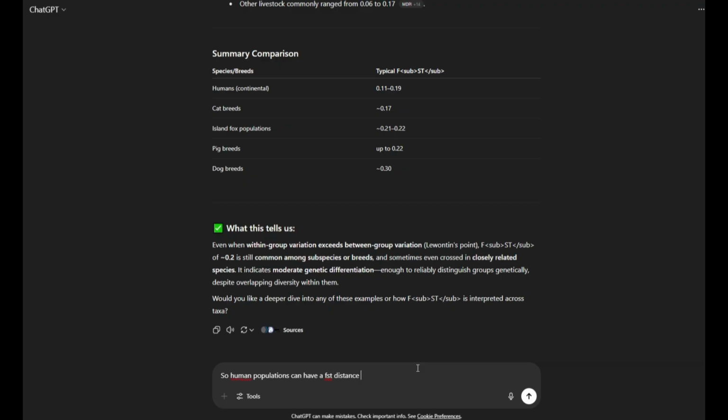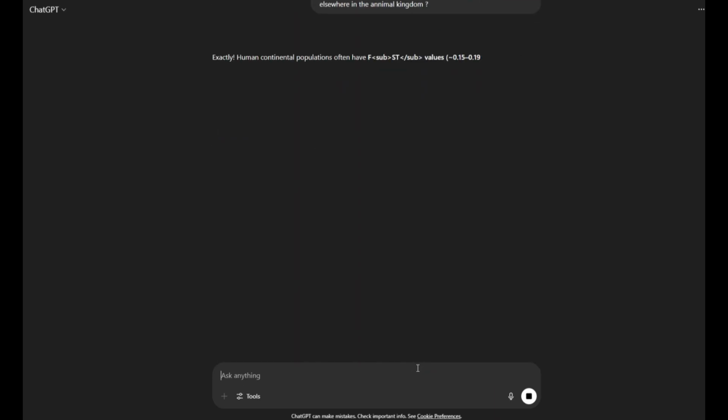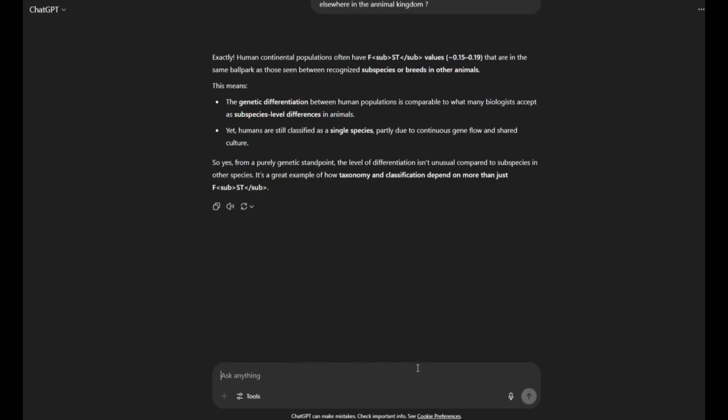So human populations can have a genetic distance similar to subspecies elsewhere in the animal kingdom. Exactly. Human continental populations often have FST values of 0.15 to 0.19 that are in the same ballpark as those seen between recognized subspecies or breeds in other animals.